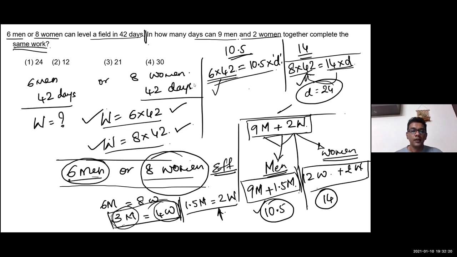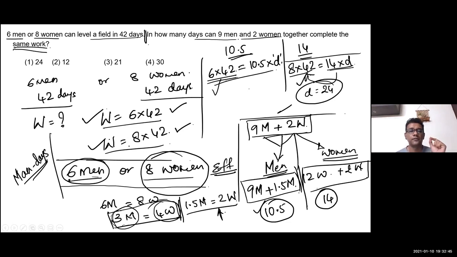Okay, right. So this is one kind, where we will use the concept of man days. Now remember this: whether a man is working, a woman is working, or a child is working, irrespective of gender, the name is always man days.